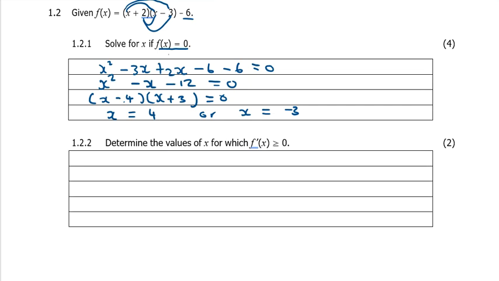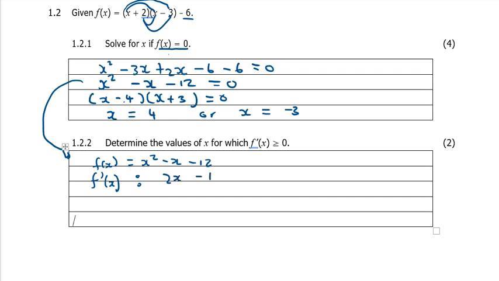All right, moving on to the last question. Here we're told to find the values of x for which the first derivative is bigger or equal to 0. So that means we need to take f of x. We can actually take it from there. If we take this part as f of x, which it is, so if we want to take the first derivative, the first derivative will be 2x minus 1.